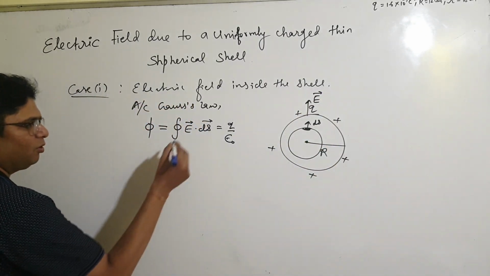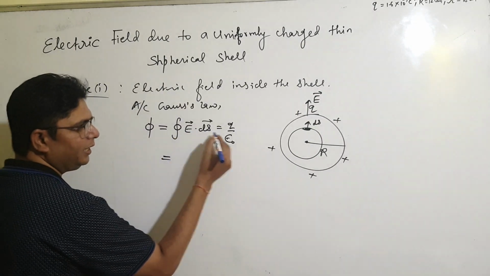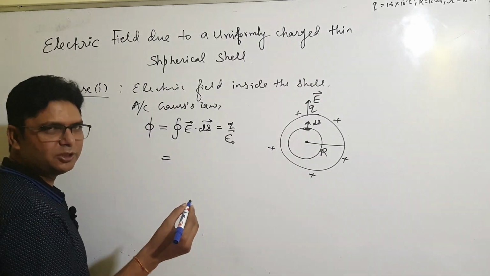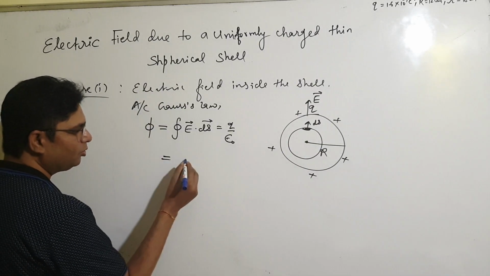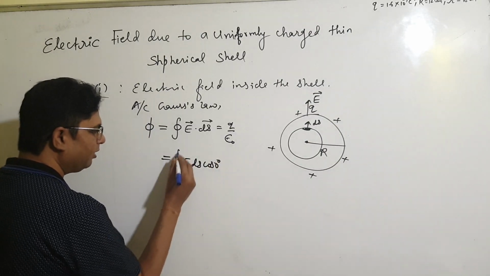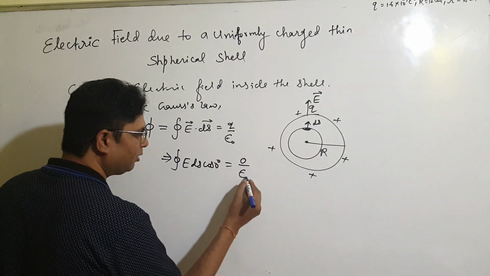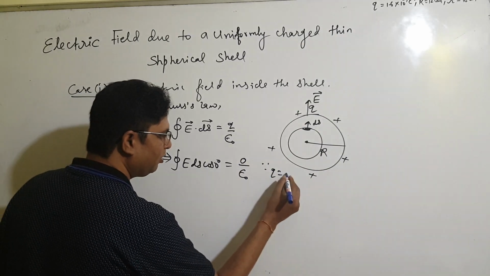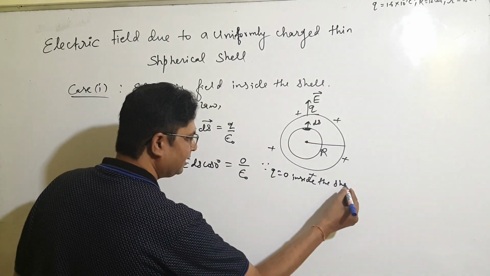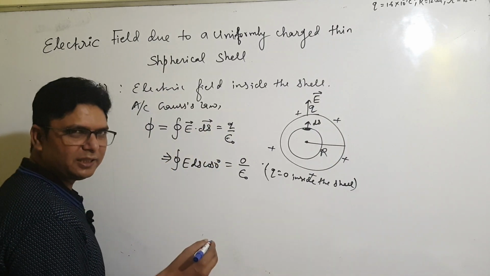Now E and ds have the same direction, so their angle is 0 degree. So you have the closed integration of E ds cos 0 degree, which is equal to 0 by epsilon naught, because q equals 0 inside the shell. There is no charge inside the shell, as we are seeing.